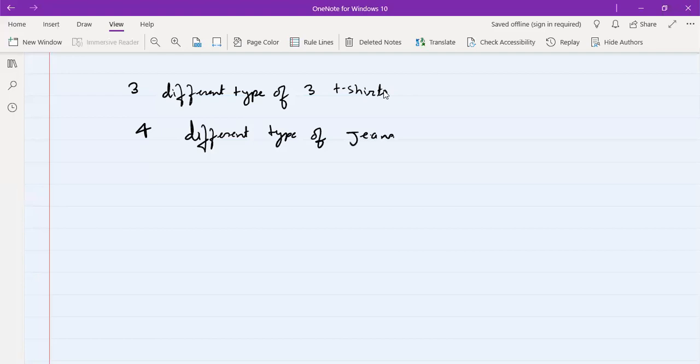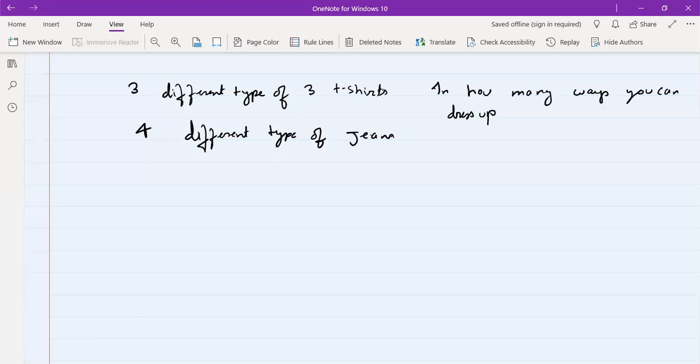Then tell me in how many ways you can dress up. How come Prahlad 36? 3 into 4 is 12 only. 12 only. It is the total number of ways in which you can dress up.